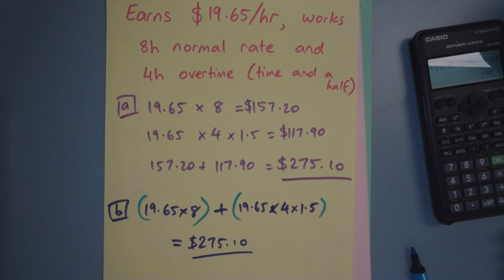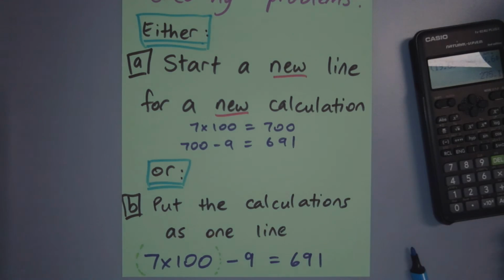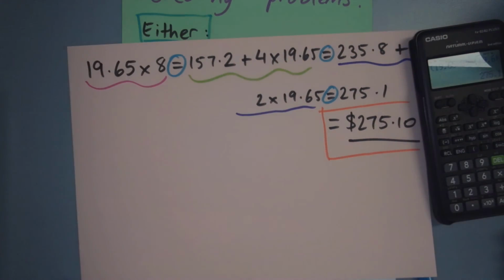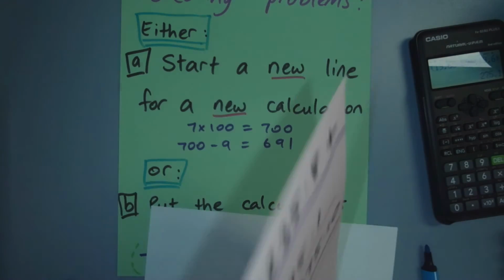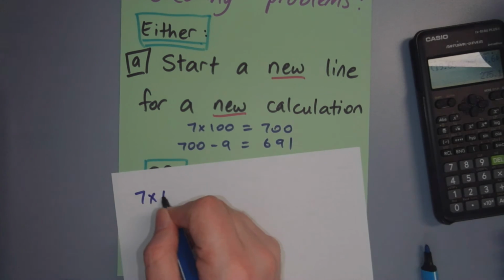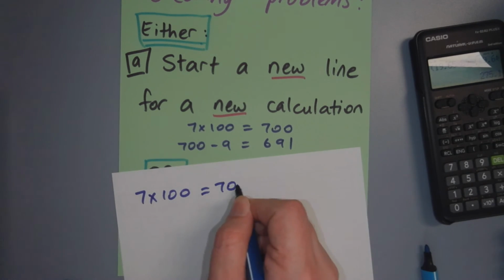Now, one extra little alternative here, which is not really a direct option like this. If I find that I want to start doing the mistake way, I kind of avoid it by doing this. 7 times 100 is 700.